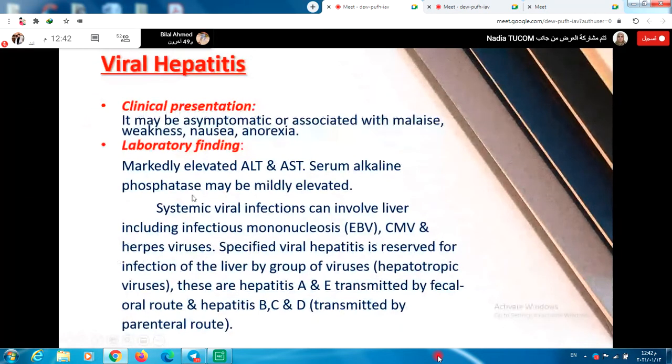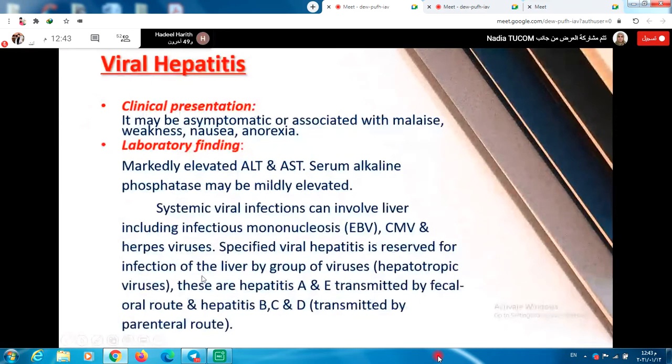But when we say viral hepatitis, we mainly mean hepatotropic viruses, which are viruses that have a special propensity to infect hepatocytes.